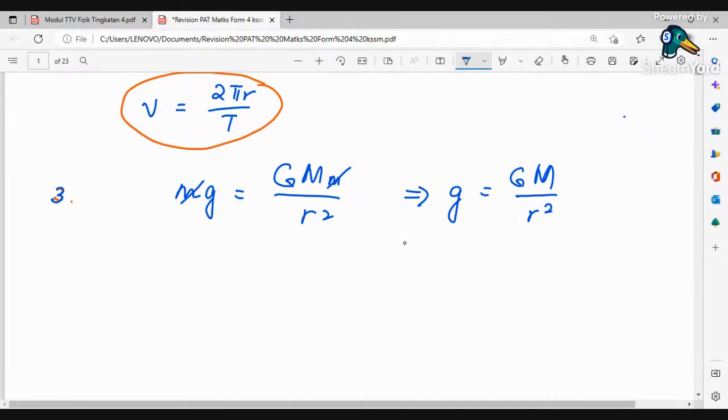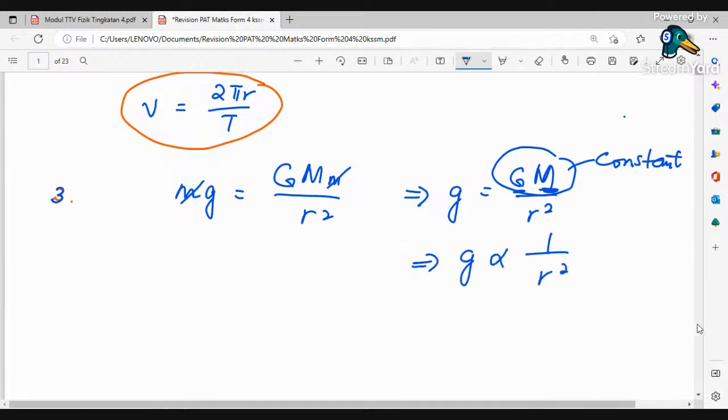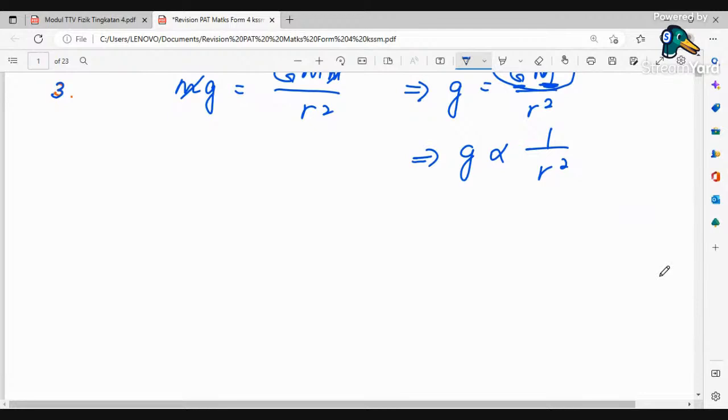Okay, so G M, the product of universal constant and mass of Earth, are constant. So this one is a constant. So we can see from here g is inversely proportional to r squared. The value of g depends on r.